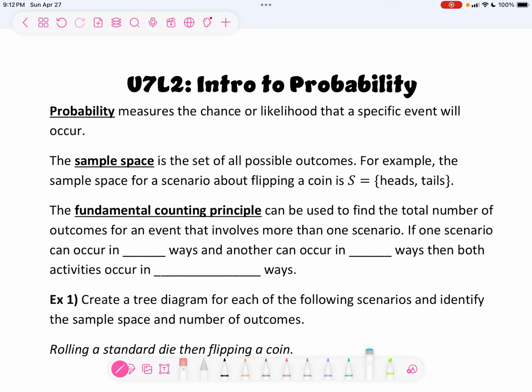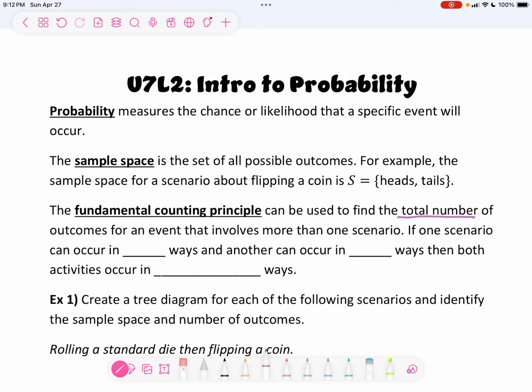The fundamental counting principle can be used to find the total number of outcomes for an event that involves more than one scenario. It can have 2 scenarios, 3 scenarios, 4 scenarios, and basically you just multiply everything together. Now this only works for finding the total number of outcomes. It won't tell you what the outcomes are, but it will tell you how many there could be.